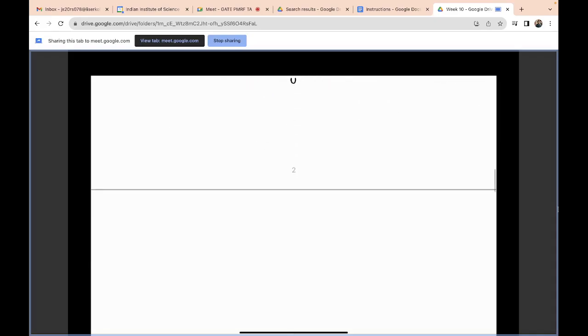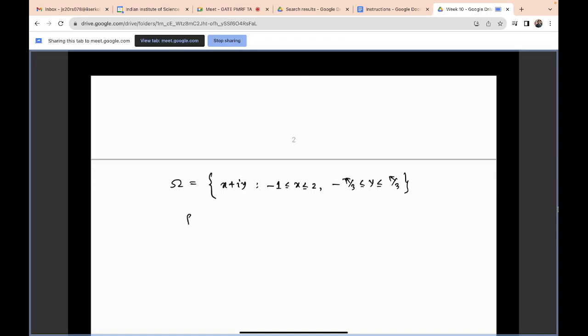So here note what we have been given. Our region omega is given as x plus iy, where x is from -1 to 2 and y is from -π/3 to π/3. And f is a map from omega to S, which maps z to e to the power z.